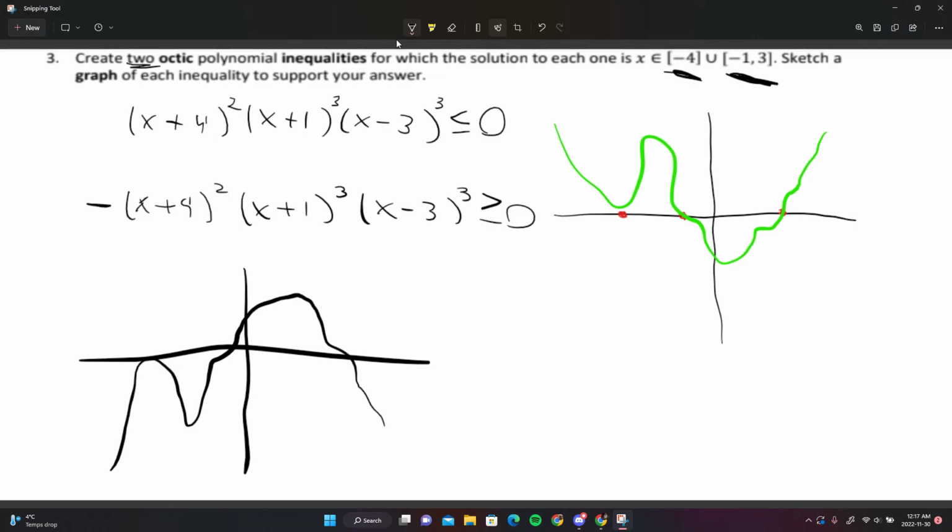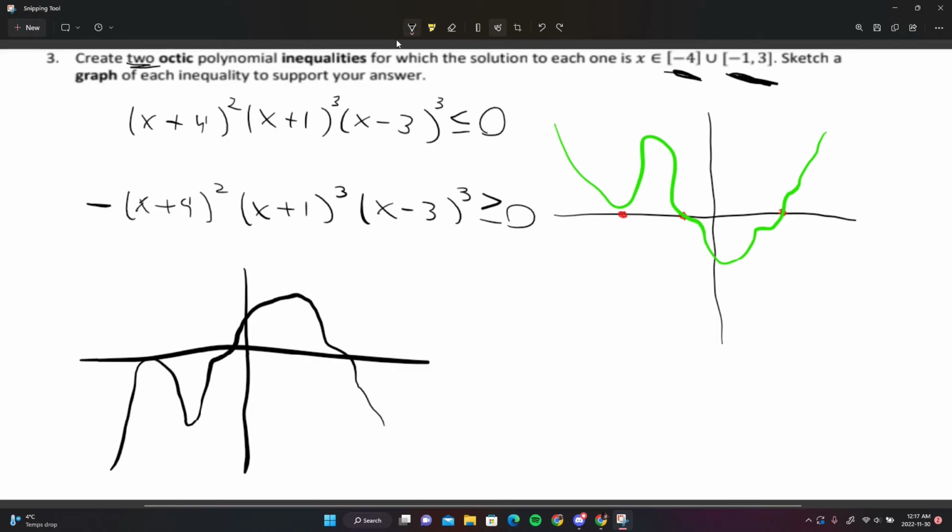And so, as we can see, the function is equal to 0 at -4, and greater than 0 between points -1 and 3. So that's why we say our function is greater than or equal to 0. And that's how you solve question 3.